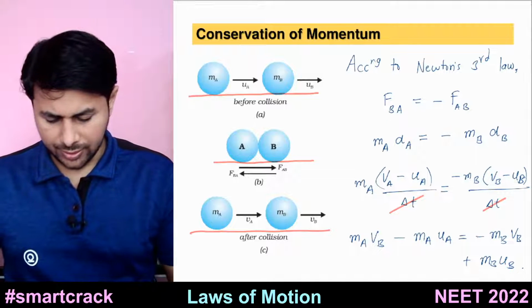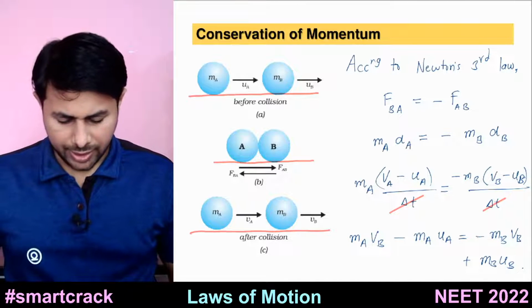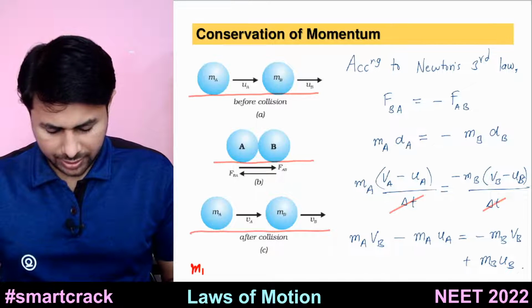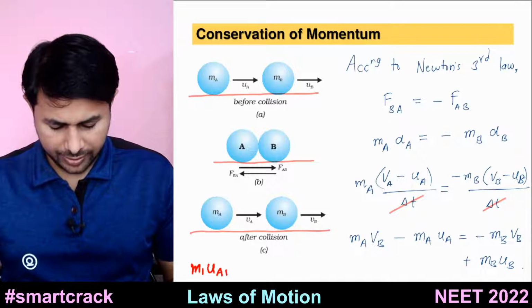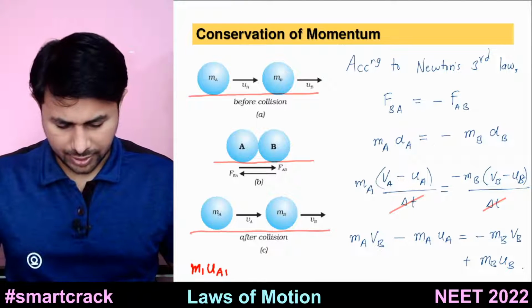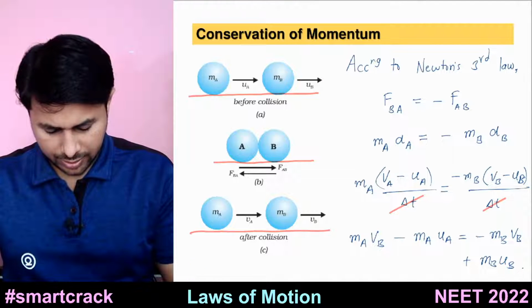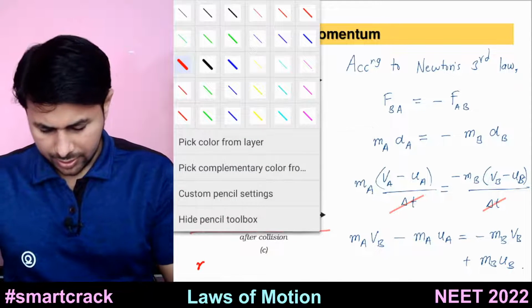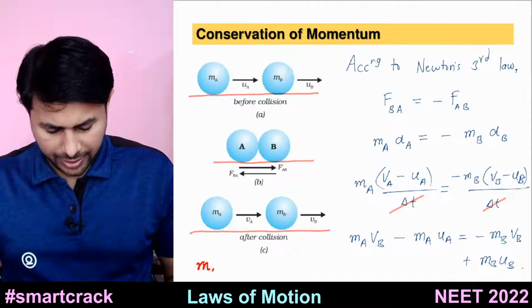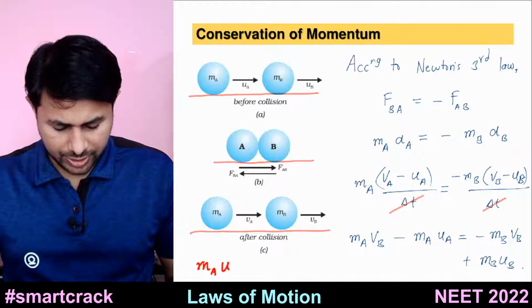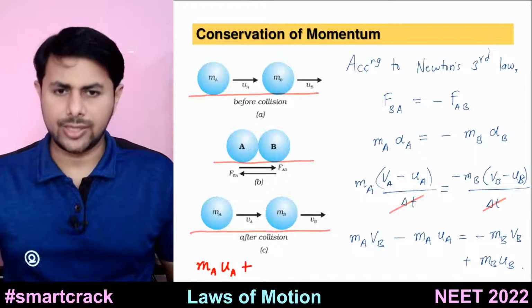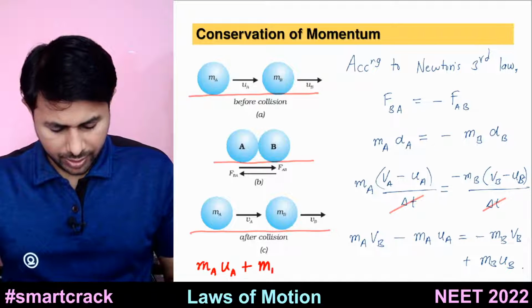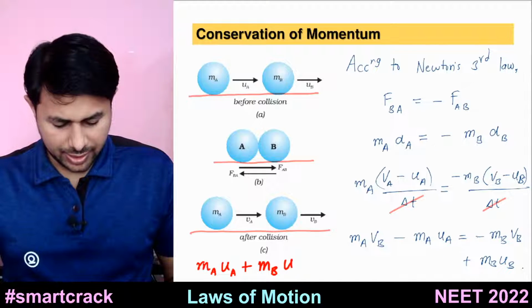If you call them A and B, then mass of A is ma, initial velocity of A is ua, plus mass of B is mb, initial velocity of B is ub.